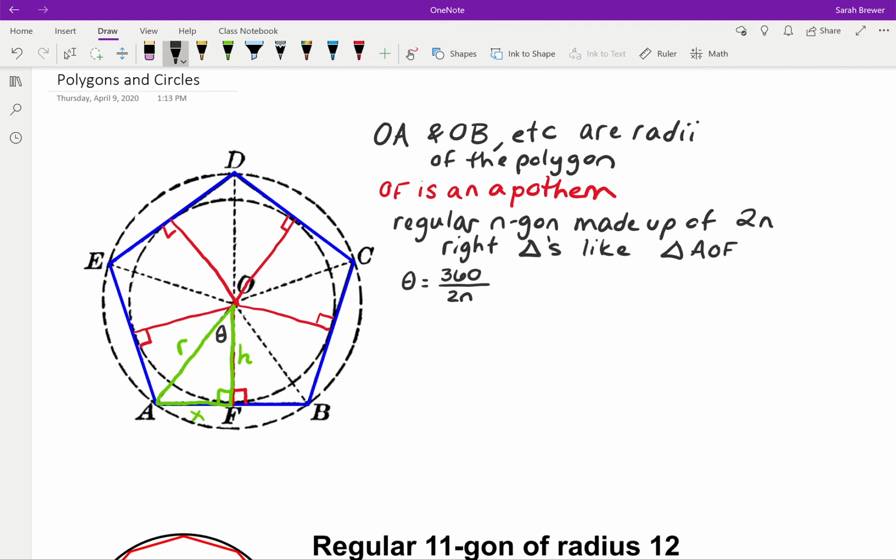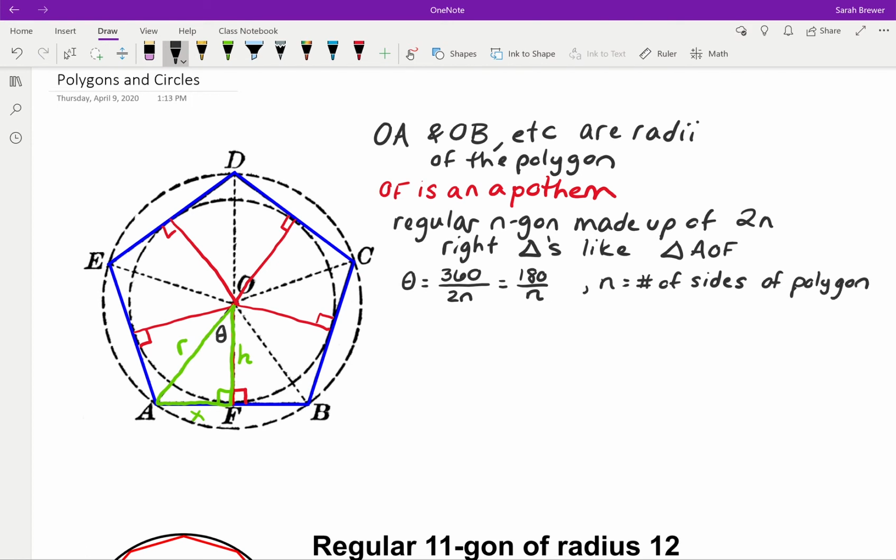I'm dividing it up into 2n pieces. In this case, 360 divided by 10. So you can count that up. It's a regular 5-gon. Or simplified, 180 over n, right? Where n is the number of sides of our polygon.